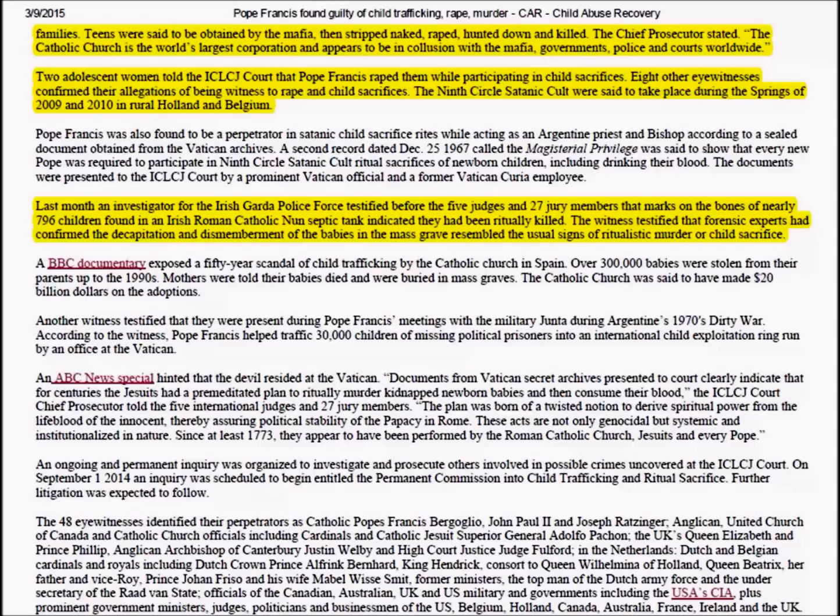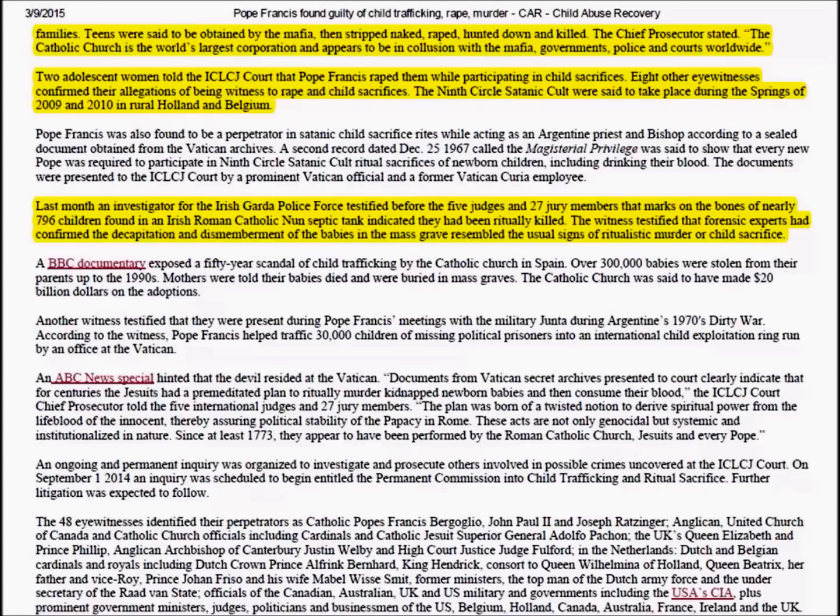Pope Francis is also found to be a perpetrator in satanic child sacrifice rites while acting as an Argentine priest and bishop, according to a sealed document obtained from the Vatican archives. A second record dated December 25, 1967, called the Magisterial Privilege, is said to show that every new pope is required to participate in Ninth Circle Satanic Cult ritual sacrifices of newborn children, including drinking their blood.